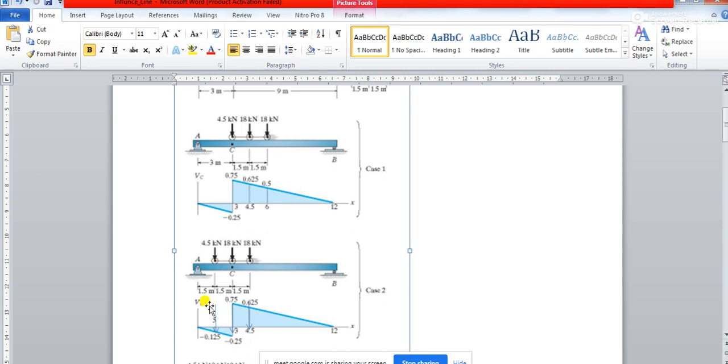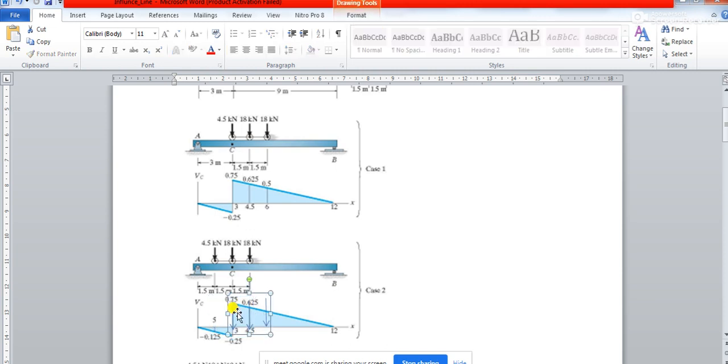Because this 4.5 kilonewton load, you observe this 4.5 kilonewton load, what has happened to this 4.5 kilonewton load? Very carefully you observe. So this 4.5 kilonewton load at case 1 it was here, and when it is going to case 2, it is dropping by this amount, and then it is moving a positive slope, isn't it? So it is moving a positive slope.